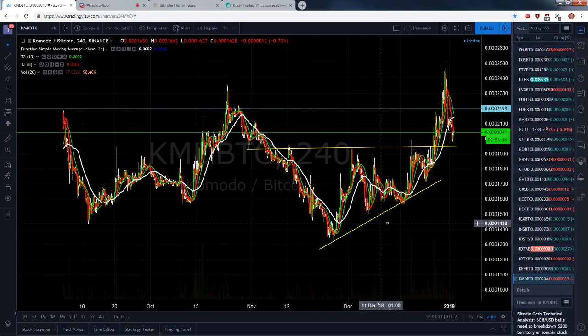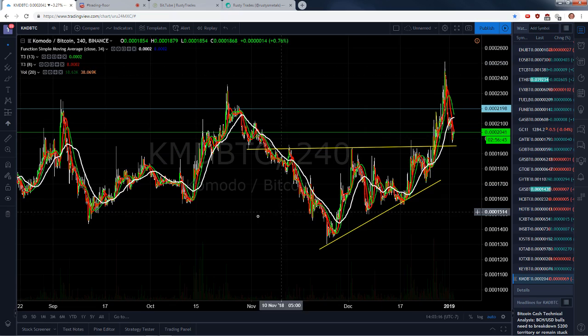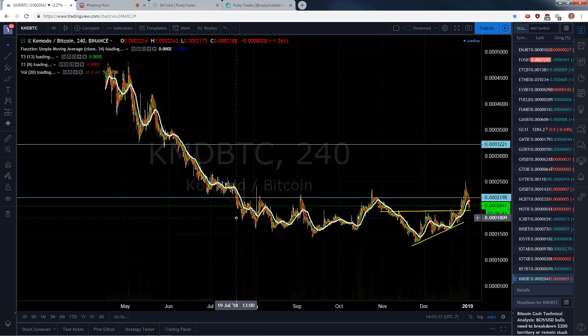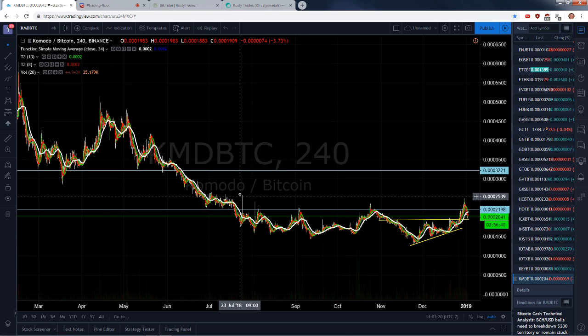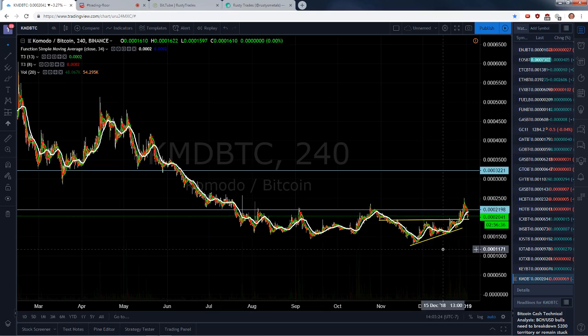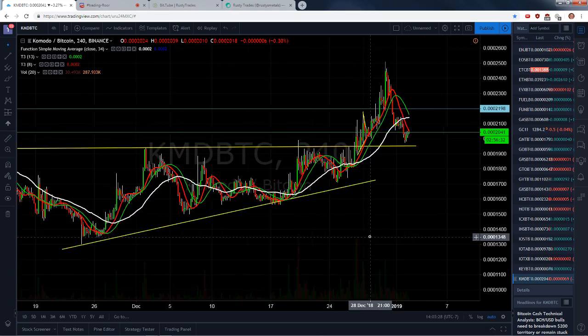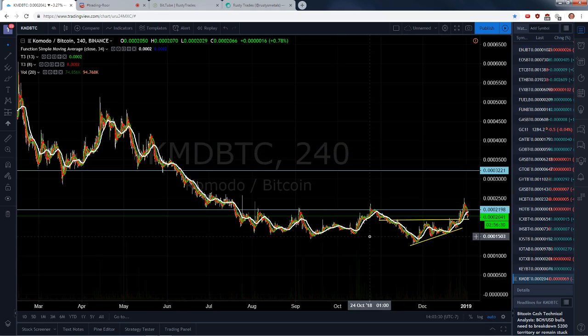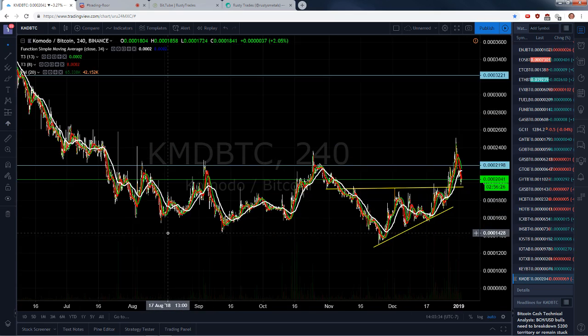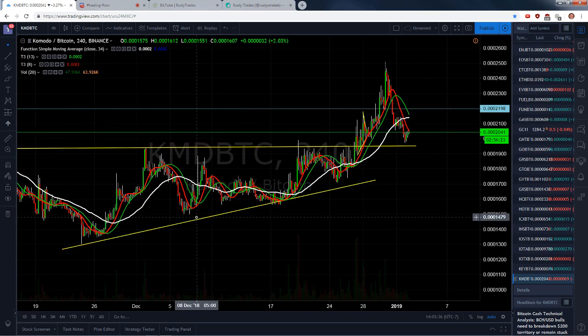KMD, we watched this one from the pattern break. Moved all the way. Making a higher high into previous lows. Came all the way back in. Buy into support. Sell into resistance. Came all the way back into support. Watch for some reversal bars.